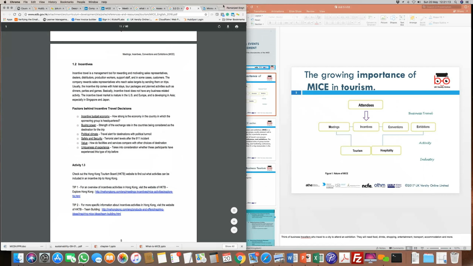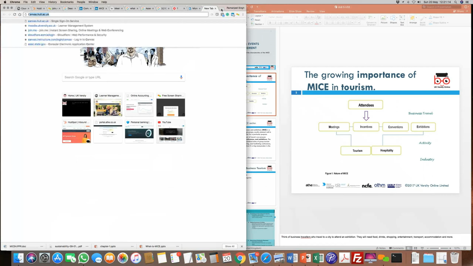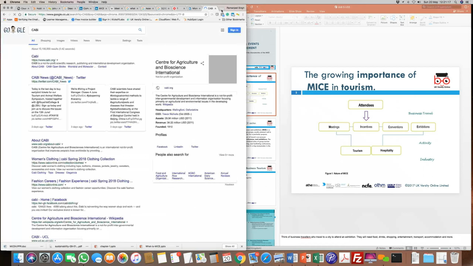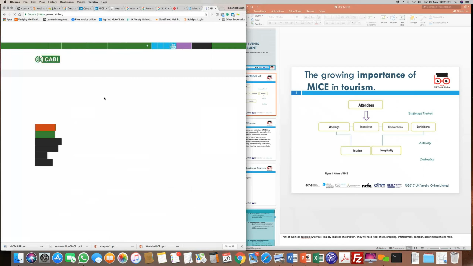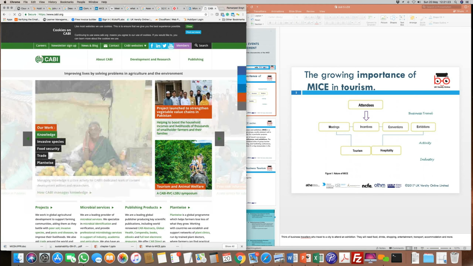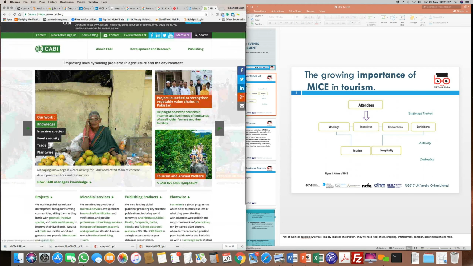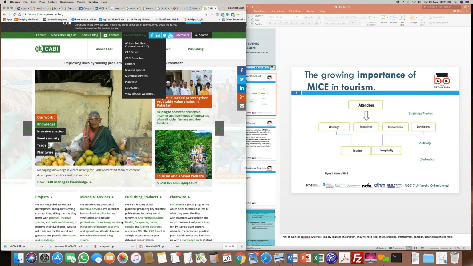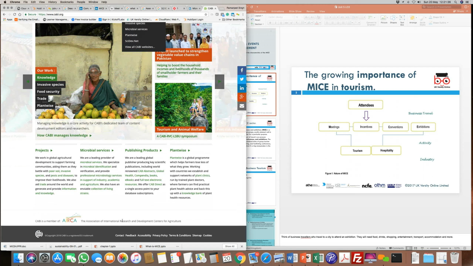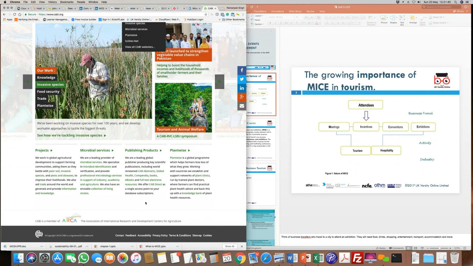CABI is an organization, I think, based somewhere in the Caribbean, and they do a lot of research, but are essentially a charity. They have very good material on travel, tourism, and hospitality in particular, in relation to, I would say, the Caribbean, or basically the tourism around that.